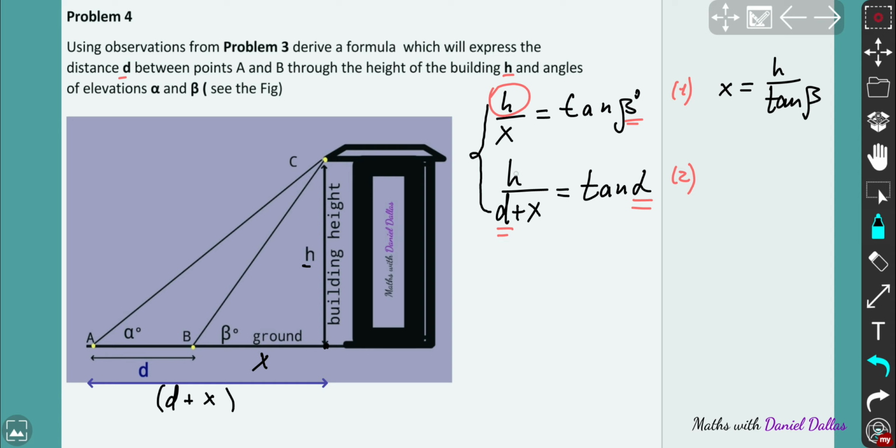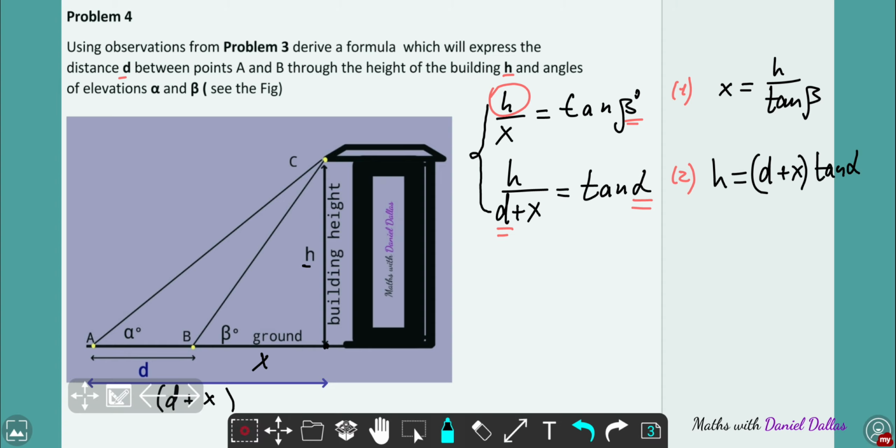So next one, we can plug it in, but before plugging, I want to resolve the crisscross. So H is going to be D plus X times tangent alpha. That's what we have, right? Yeah, we have that. So H is D plus X times tangent alpha.